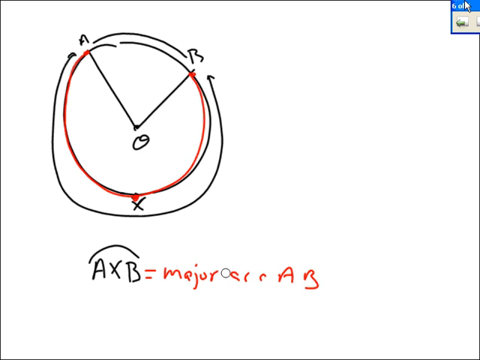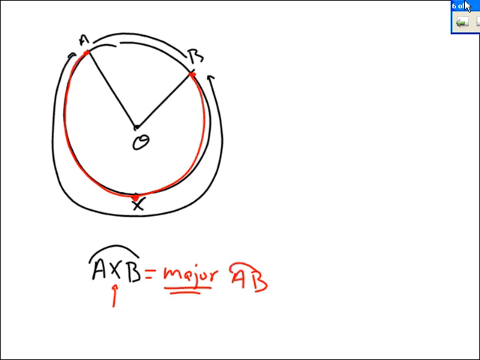Or I guess instead of writing the word arc, you could just write AB with an arc above it. Major arc AB. But you don't want to write the word major. You just put X instead.